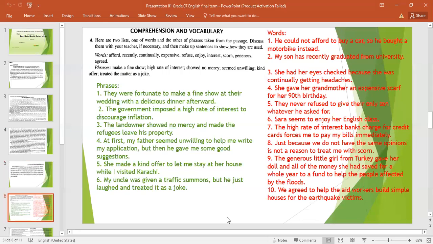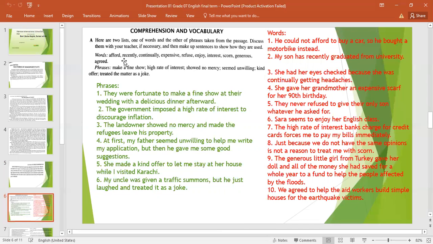So, dear students, here at the end of this lesson, lesson number 19, some words and phrases are given. You can see on the screen there are two lists, one of words and the other of phrases taken from the passage. Discuss them with your teacher if necessary, and then make up sentences to show how they are used.